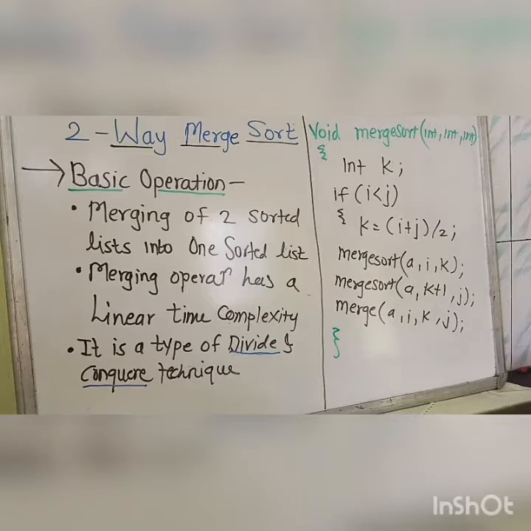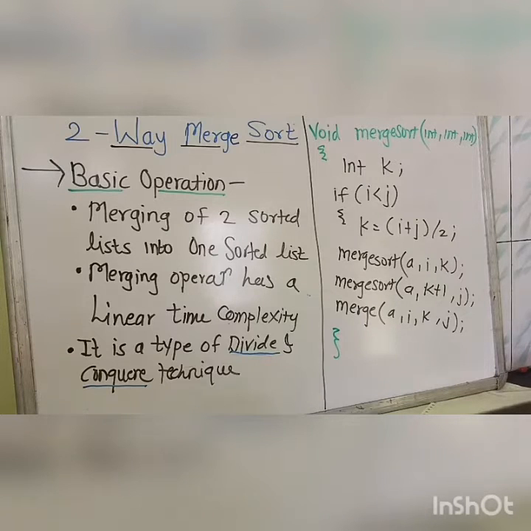In this video, we will cover the next part of a sorting technique, that is the two-way merge sort. Basically, it is a type of divide and conquer technique. What is the mechanism behind the divide and conquer technique? First of all, we will take one array, perform some operations, and then divide it into two parts, that is the left half and right half.